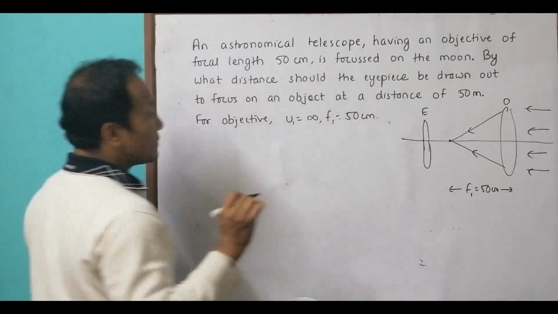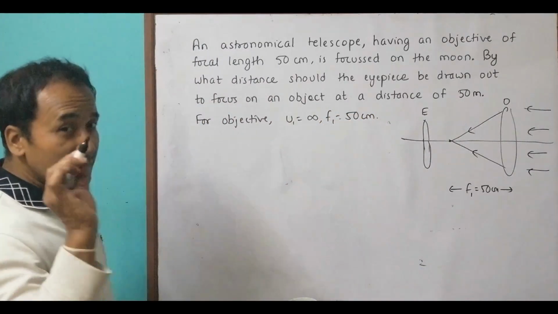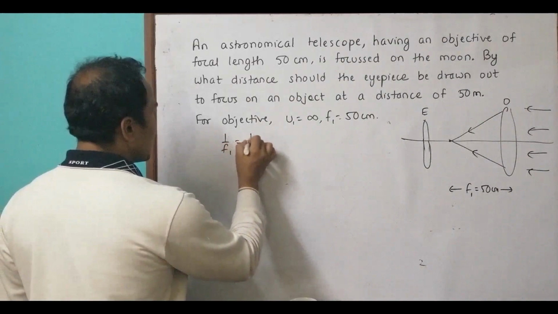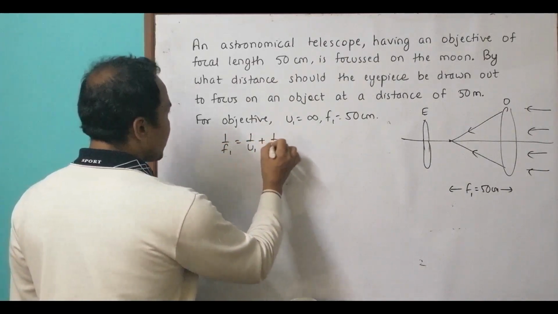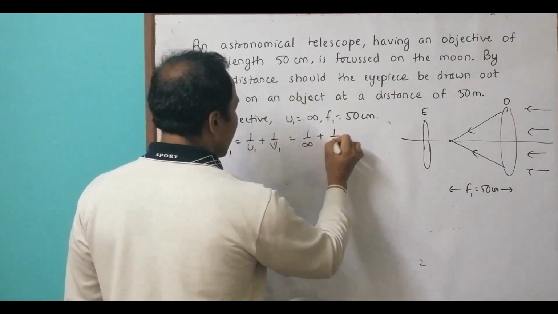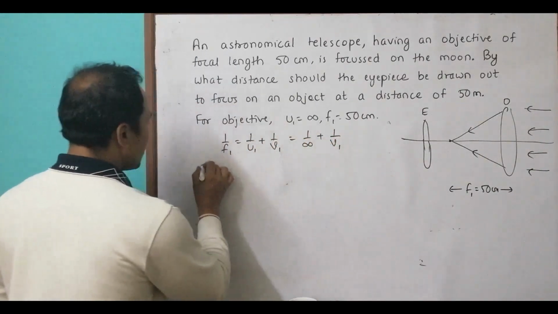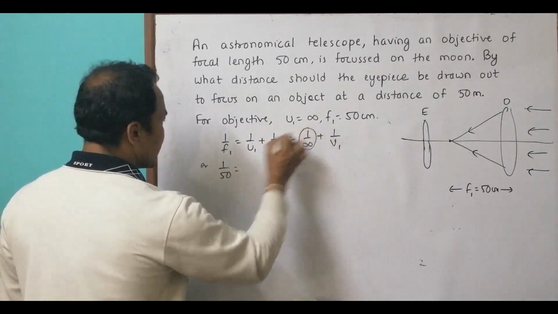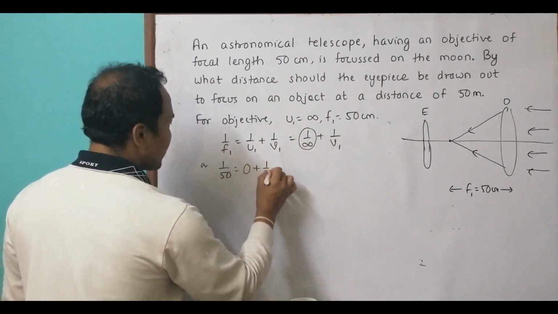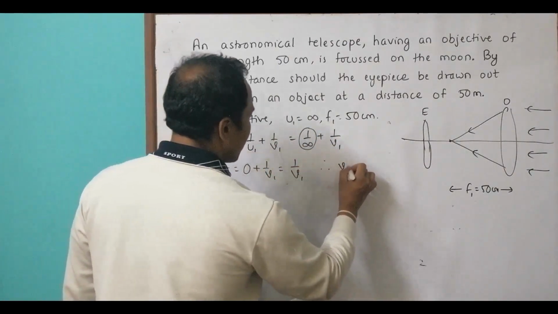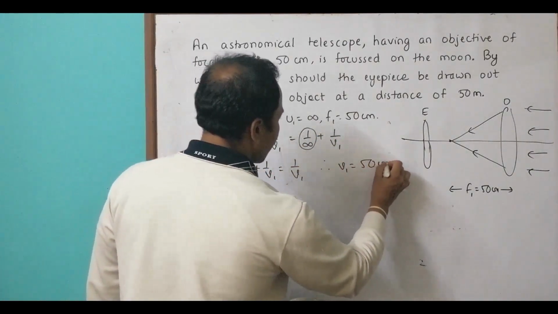So v1 must also be 50 centimeter, because 1 by f1 equals 1 by u1 plus 1 by v1, so 1 by 50 equals 1 by infinity, which is 0, plus 1 by v1. This gives v1 equal to 50 centimeters.